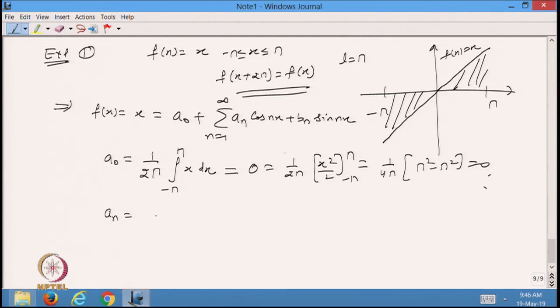Now, I want to find the a n. So, a n will be 1 over L, where L is pi, from minus pi to pi. Now, f(x) is x into cos n x dx. Using this, I want to find the value of a n. Now, you know that x is an odd function here, and the cos function, I know, is an even function.